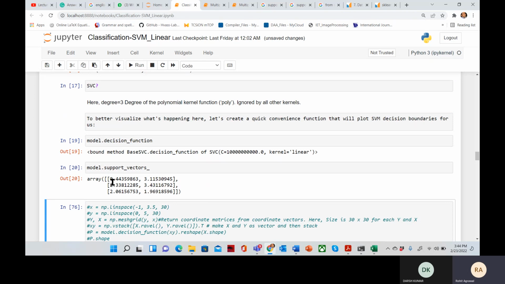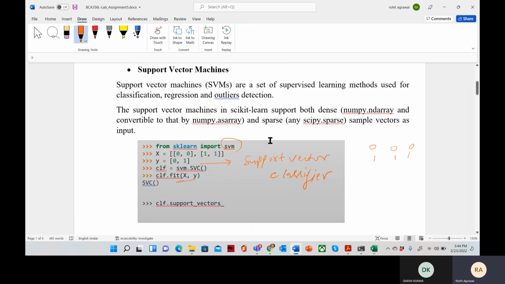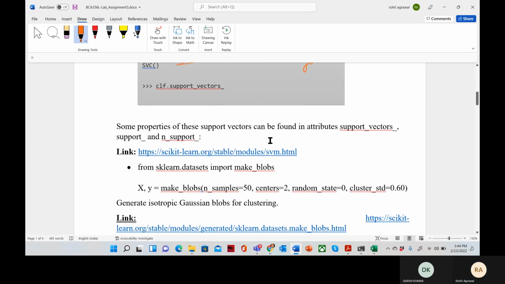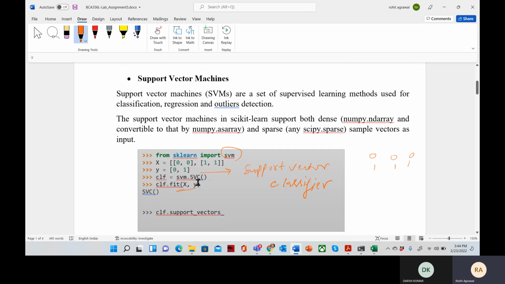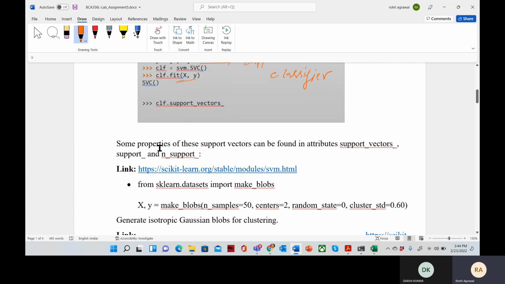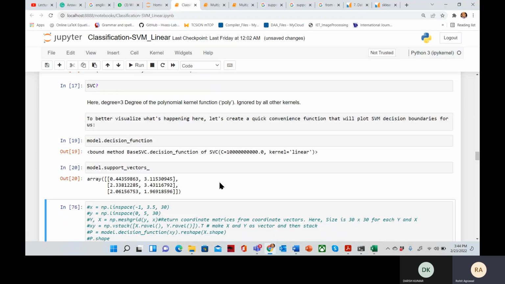there is one more point: support vectors. I'm trying to show you what support vectors are. See here. Support vectors are not here. So this SVM has many attributes, and one of them is the support vectors. So what are support vectors?